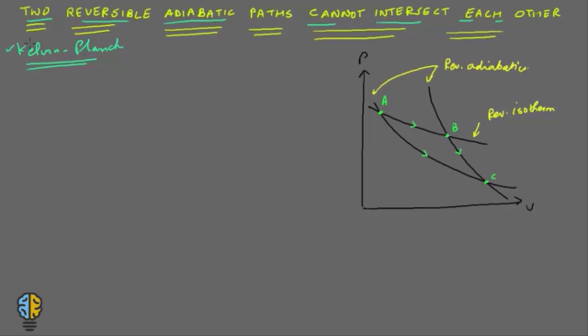Okay, and to understand it further, let's have a look at this diagram, which is a plot of a PV chart. Now, in this we have one reversible isotherm and two reversible adiabatics. Let a reversible isotherm, that is AB, have two points on it, that is A and B. It is drawn in such a way that it intersects the reversible adiabatics at point A and at point B. Now, we have three reversible processes.